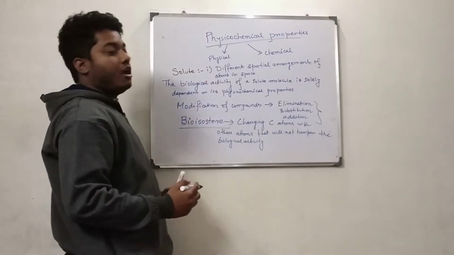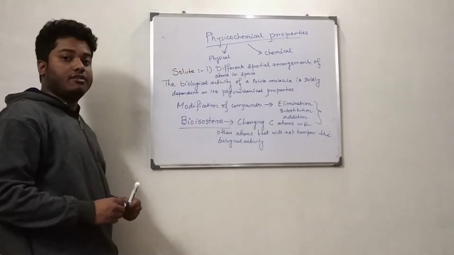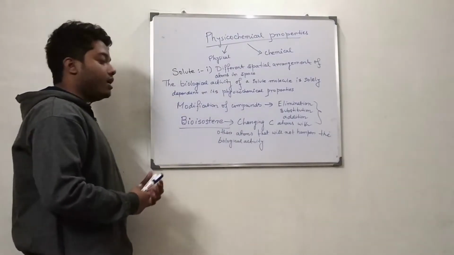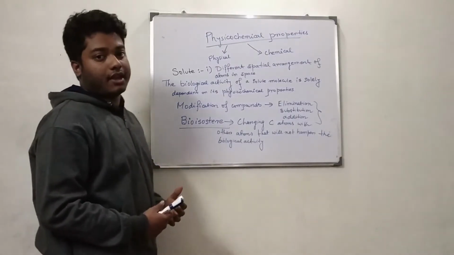Thus, bioisosterism is another modification that we can do to chemical compounds to modify their activity.